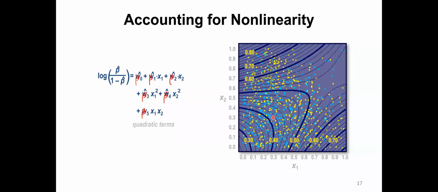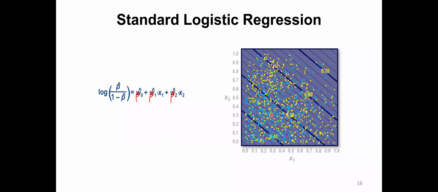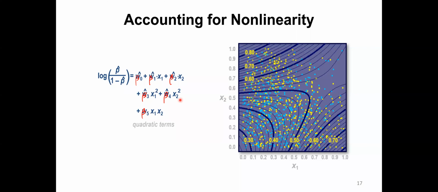And you can also have the quadratic term. Because with x1 and x2, the log odds only change with respect to x1 and x2 linearly. So you see the linear increase. But if you want a nonlinear response surface, you can add the quadratic term. In this way, you will be able to get the quadratic surface.